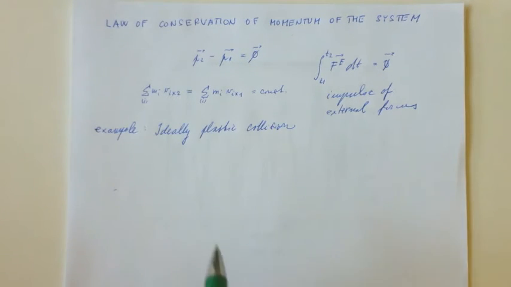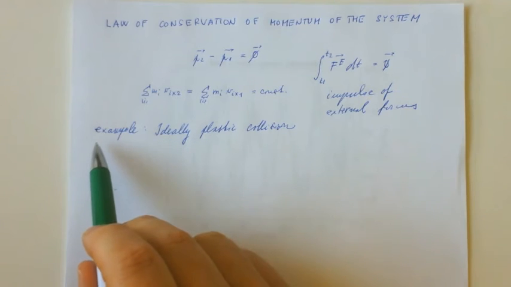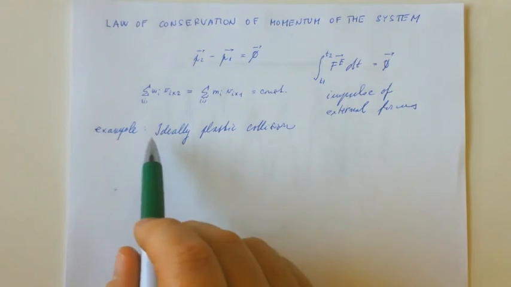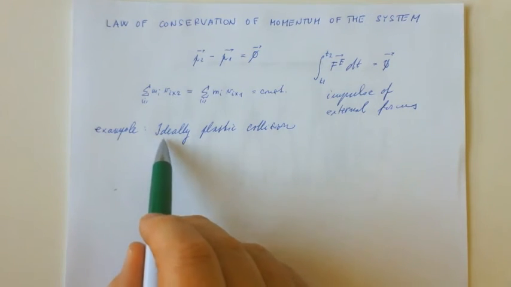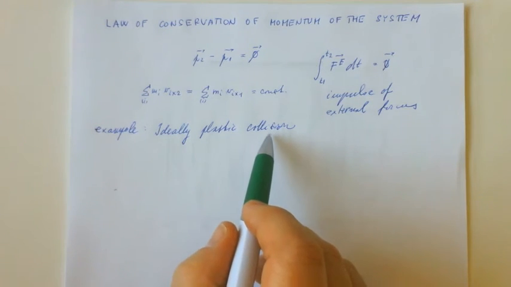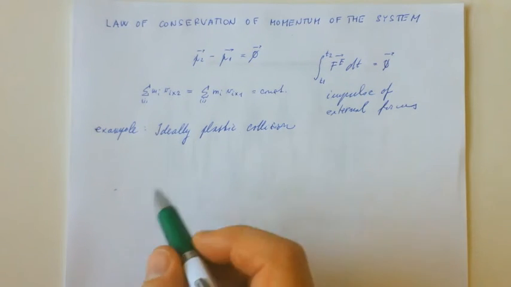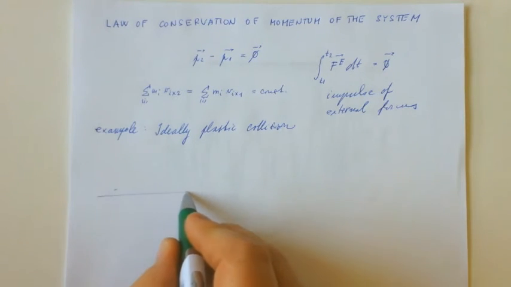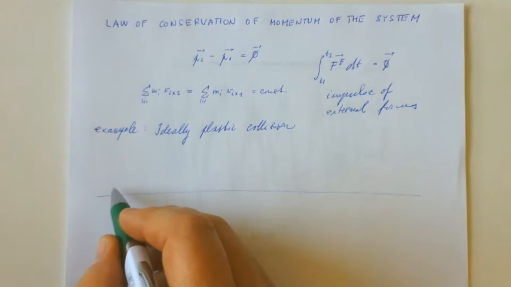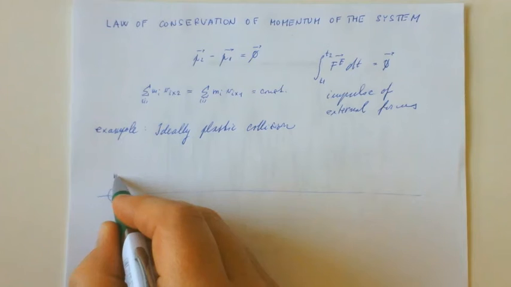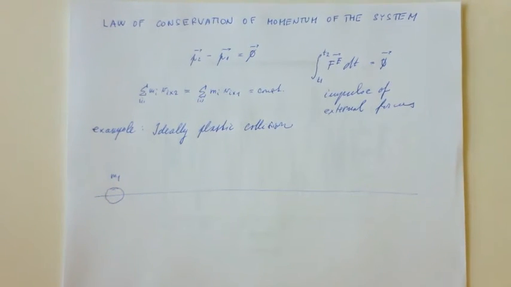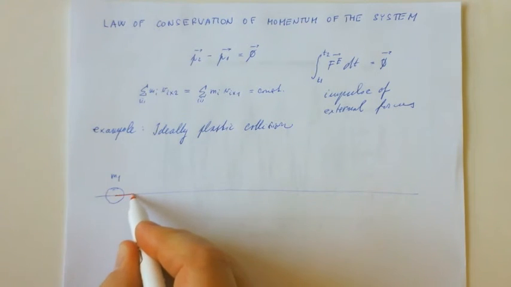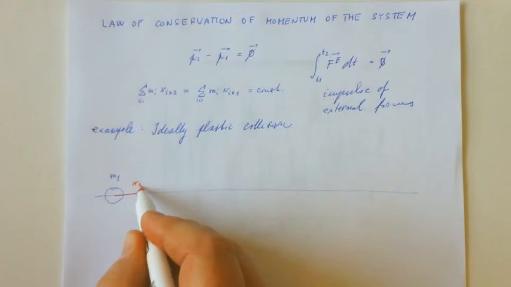We can accompany this theory by a short example. Ideally plastic collision. What is it? Ideally plastic collision. So let's assume that we have some trajectory and there is a particle with mass m1 and velocity v1.